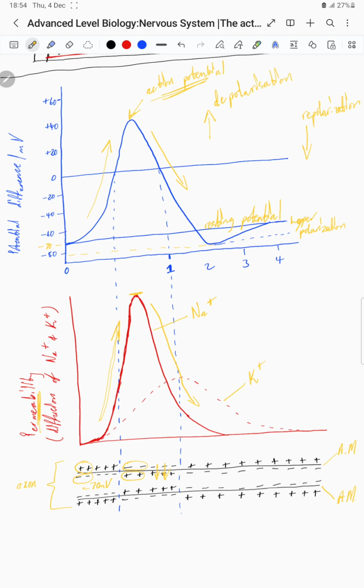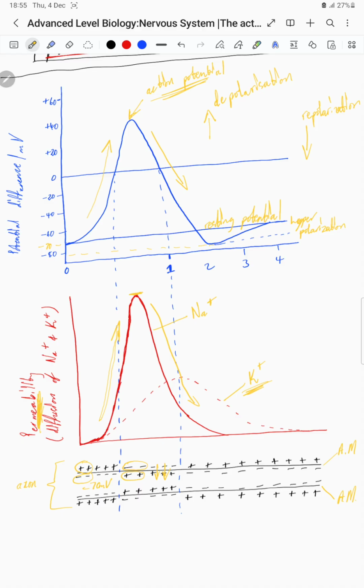However, the repolarization is also helped by the potassium ions. We see at this dotted red graph that just after the starting of the depolarization, the potassium ions start to increase in permeability.